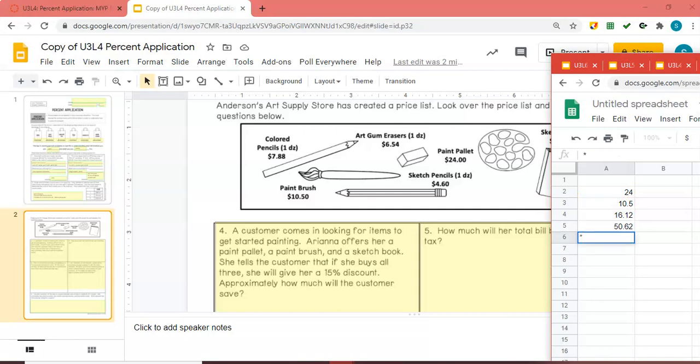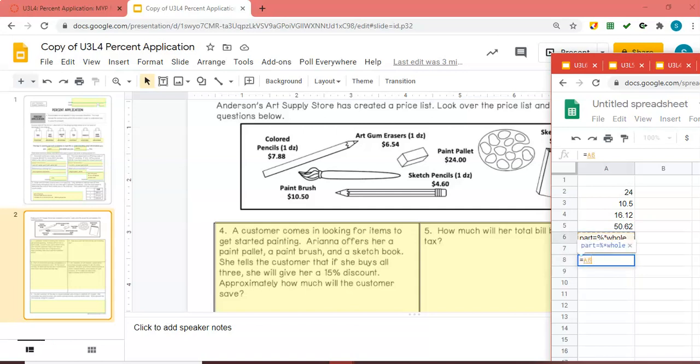So we're going to multiply that. Remember, we're using the equation part equals percent times whole. So our discount equals 0.15 times our whole. So we're going to take off $7.59. All right.